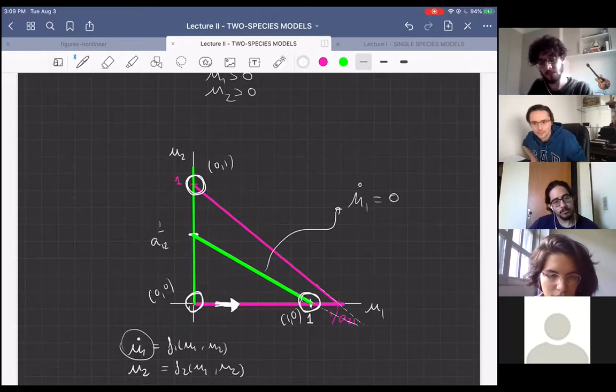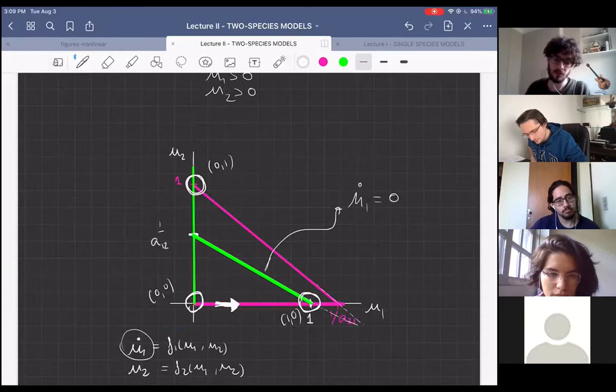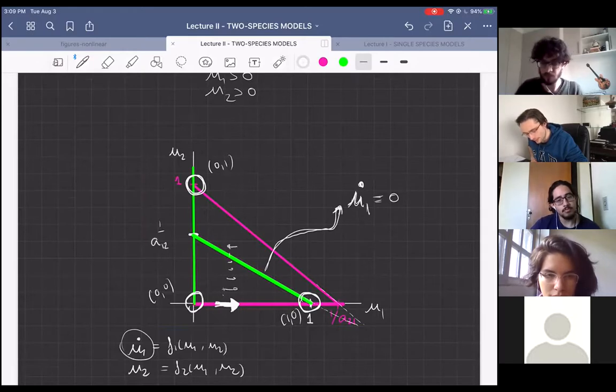I can calculate it very easily, actually. So now the idea is that in this line, U1 dot is going to be equal to 0. So if I am here, this is going to still be positive, maybe positive but smaller, assuming that it is smooth. Then eventually it's going to cross 0, and then here it is going to be negative.